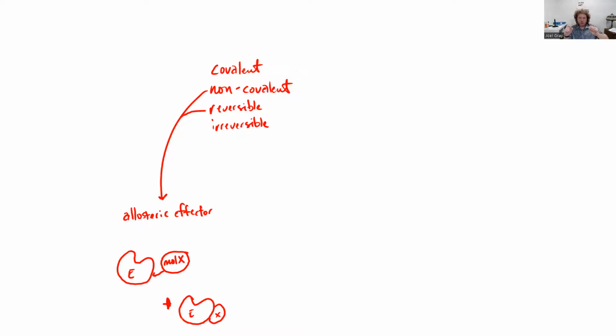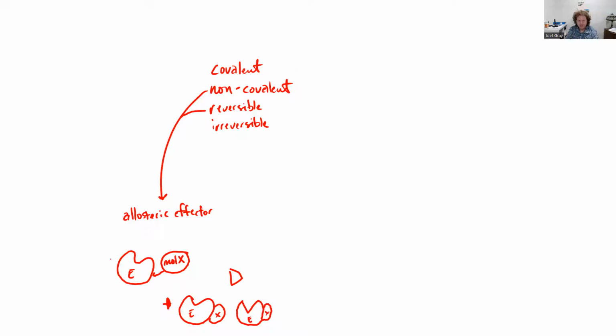Now, the key is regulation doesn't necessarily mean preventing activity. It's just kind of turning it on or turning it off. So if binding of X causes E, our enzyme, to change its shape so that it can now bind, let's say our natural substrate is this little triangle-shaped molecule, let's say when E and X get together, you form something that looks like this, EX.